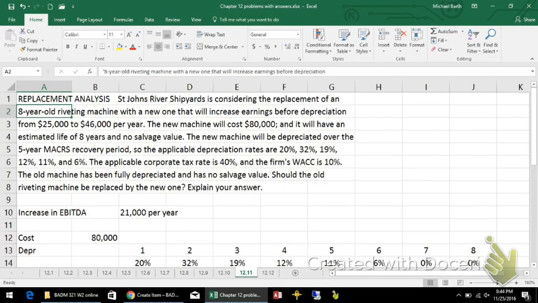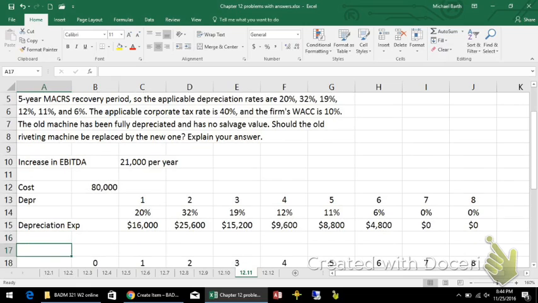All right, and I don't see any other expenses. Okay, so that looks like it. Got a weighted average cost of capital of 10%.